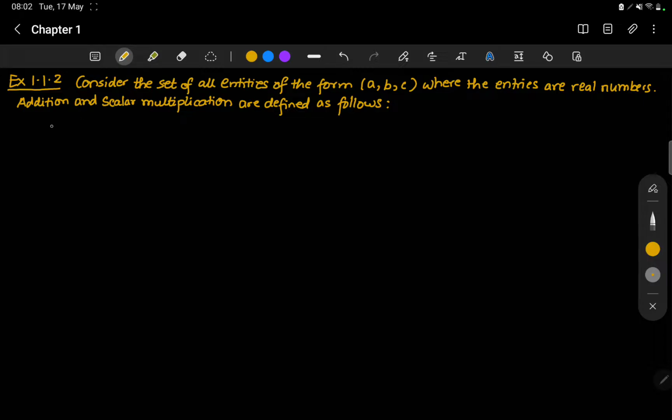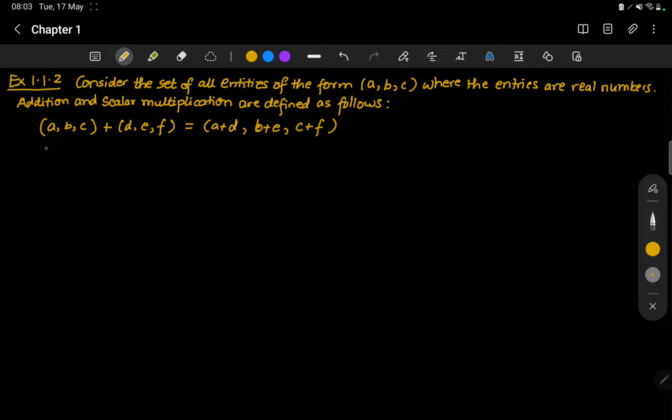What is the definition over here? It says that if we take two such entities A, B, C and D, E, F, then their sum is given by this entity. Okay, so this is the addition.